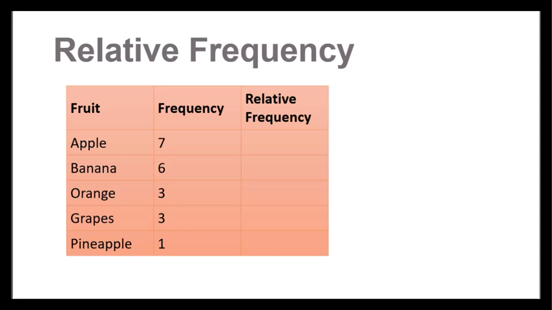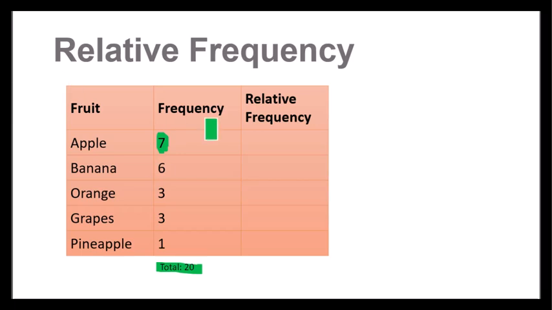So the first thing I need to do is actually find the total frequency. In this case, if I add up all these frequencies, 7 plus 6 plus 3 plus 3 plus 1, I get a total of 20. So that means that there were 20 data values in the entire data set. So if I look at the frequency of apple, there were 7 people who said that apple was their favorite fruit, the relative frequency of apple would be 7 out of 20.